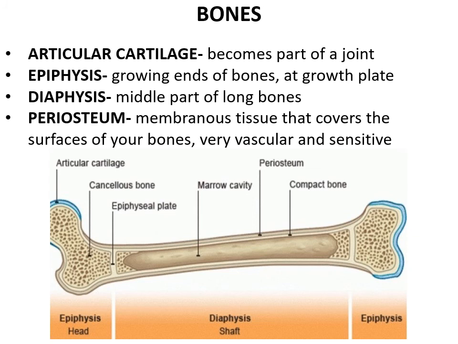Let's look at a long bone here. I already mentioned that the middle segment, which is made up mainly of compact bone, is the diaphysis, or the shaft of the bone. On each side, there's the epiphysis. The epiphyseal head, and the epiphyseal plate on either end of the long bone is where the bone grows.